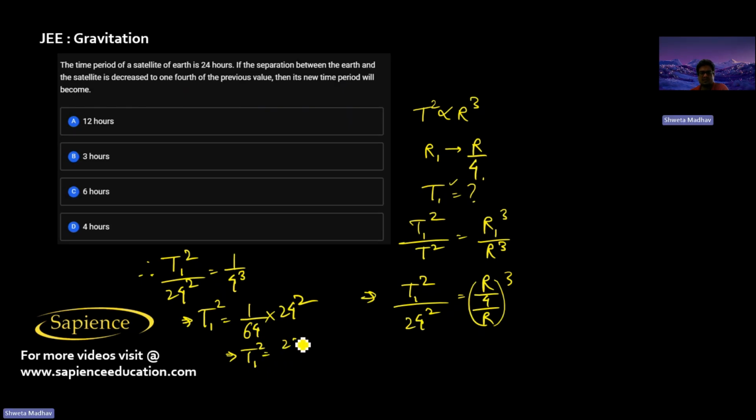So T1 square is 24 square by 64, that is 8 square. Means T1 would be equal to 24 by 8, so 3 hours. So 3 hours will be the new time period. So option C is the correct answer.